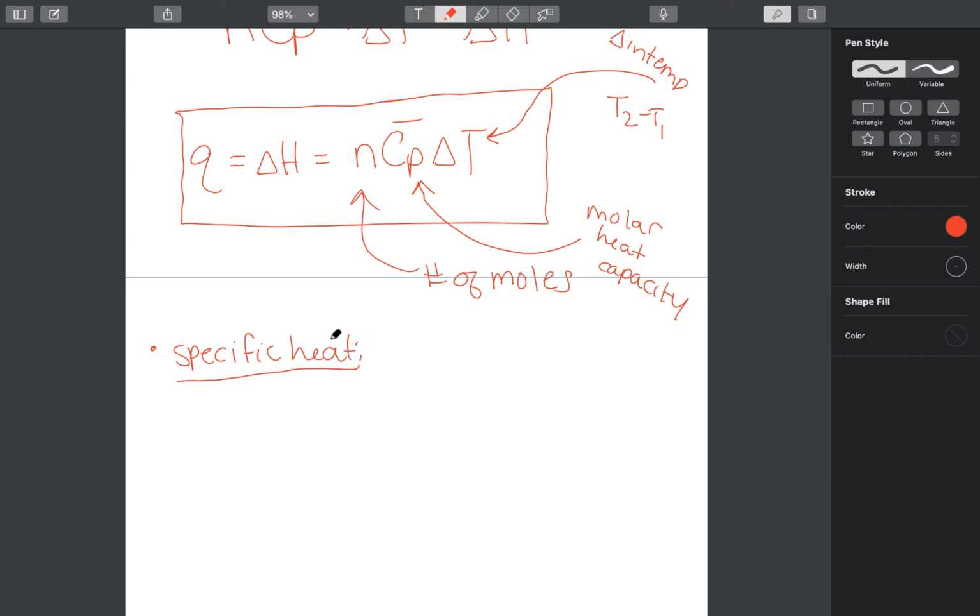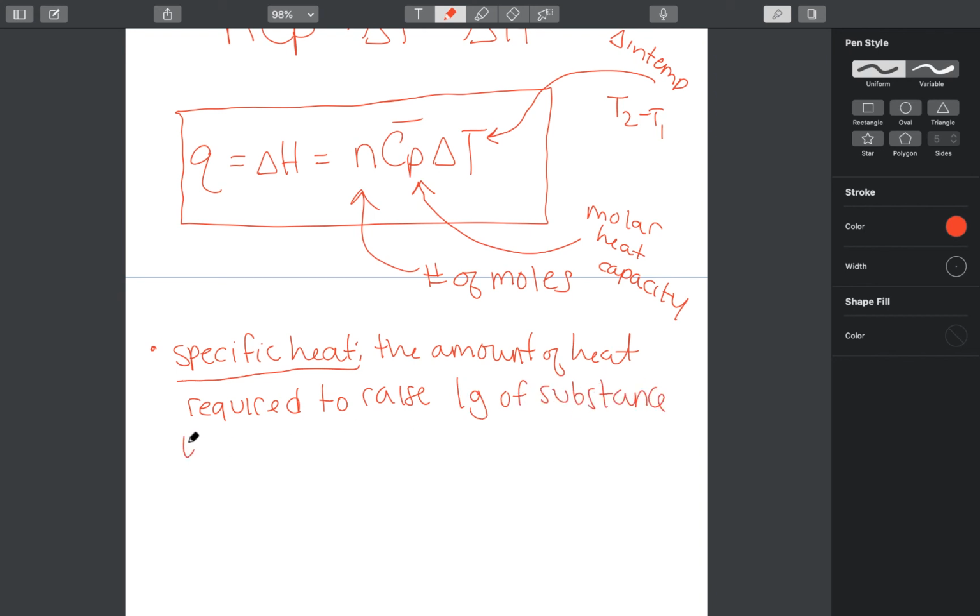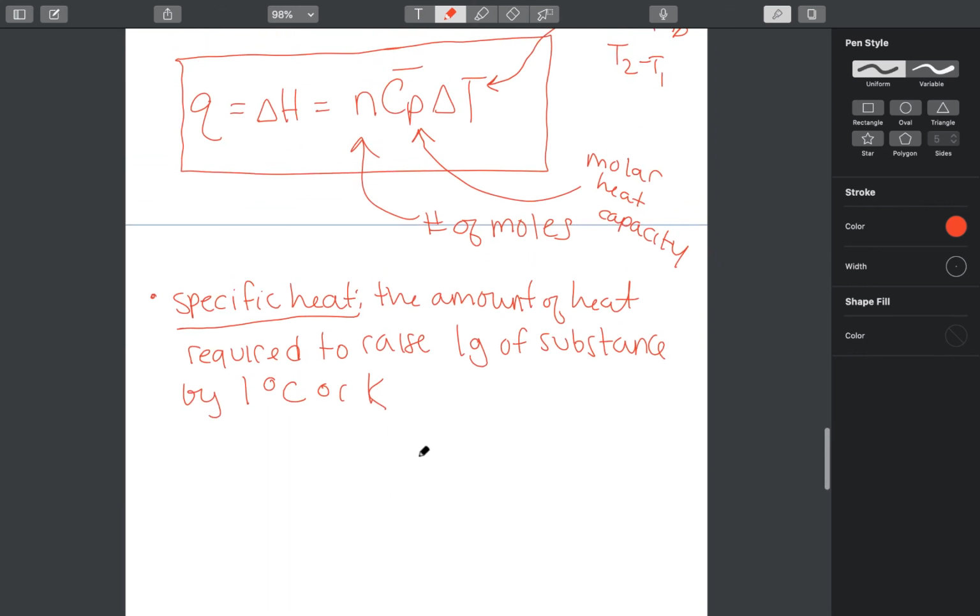Now specific heat is the amount of heat required to raise 1 gram of substance by 1 degree Celsius or Kelvin. So for the specific heat, instead of using moles, you use grams.